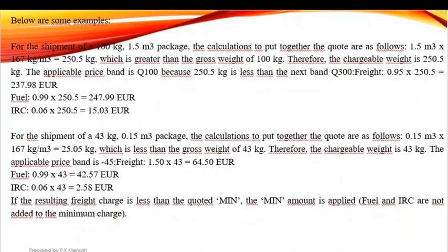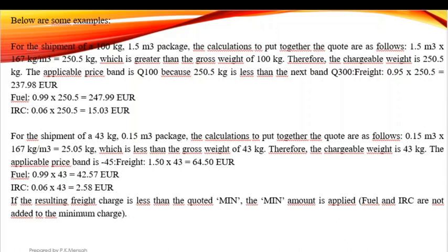Go to slide number 182. Now, for a shipment of 100 kilograms, 1.5 meter cube package, the calculations to put together the quotes are as follows: 1.5 meter cube by 167 kilograms per meter cube.